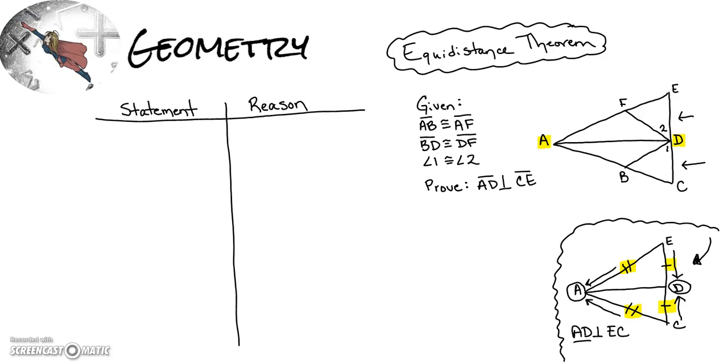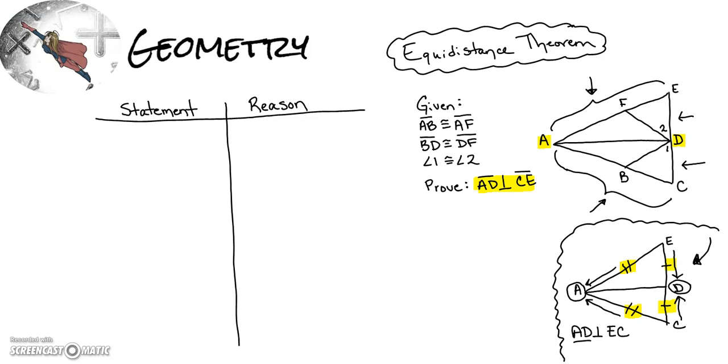And we would love to have AE congruent to AC. Because if we had those two pairs of sides congruent in this more complicated looking triangle, then we would have our final proof statement that AD is perpendicular to CE. So this is our plan that we're going to execute.